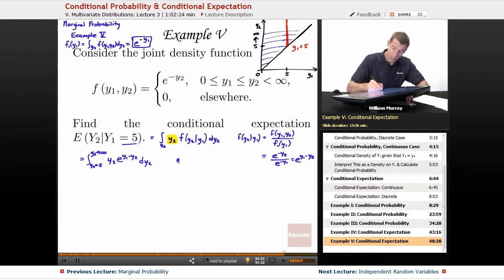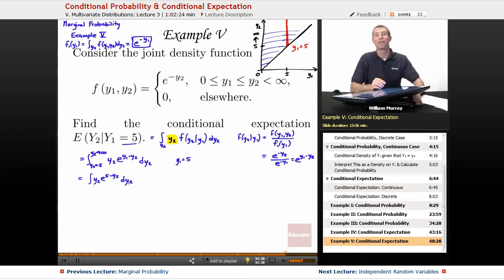So I'm going to plug in y1 is equal to 5, and so I get the integral, I won't write the bounds right now, y2 times e to the 5 minus y2 dy2. And that's much more reassuring now because I have only y2's in there. I know that if I integrate this with respect to y2, I'll get a numerical answer.